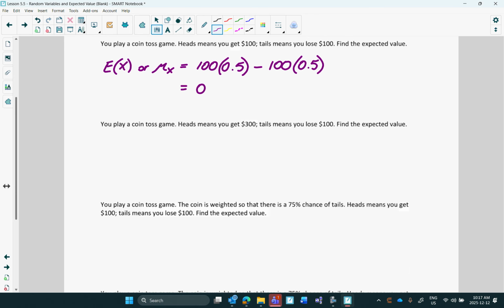This one, same toss, except this time if you get heads, you win 300. Hopefully you're seeing, oh, this is a better game for me. And remember, it's all about me. It's not about the welfare of society that could decay because of gambling. But I digress.